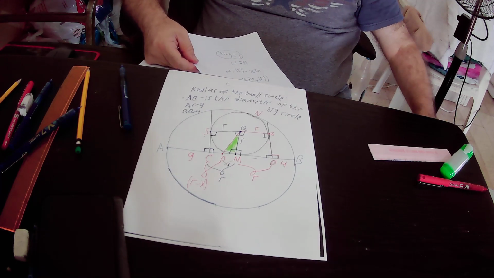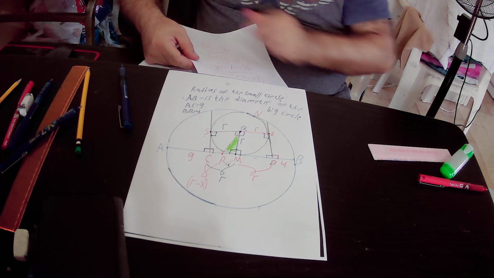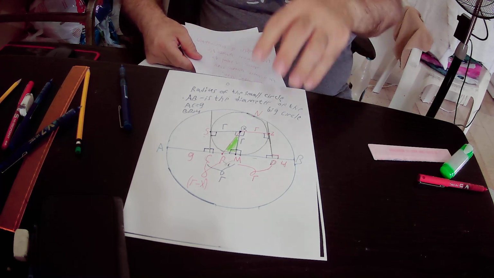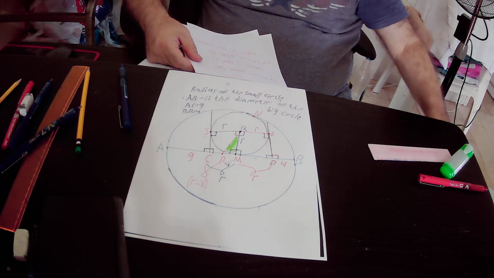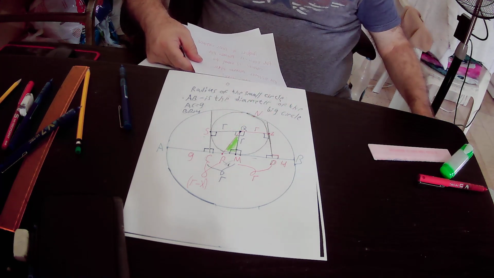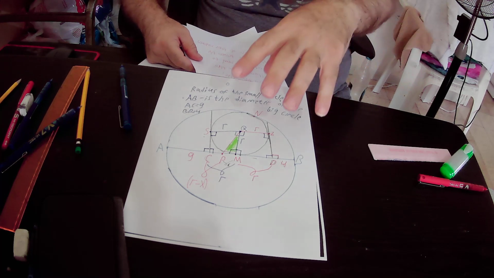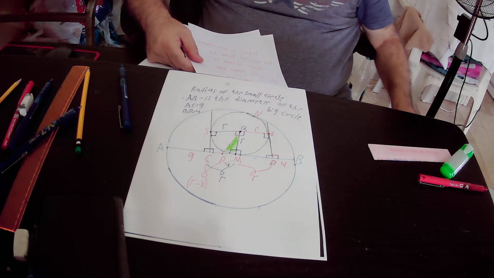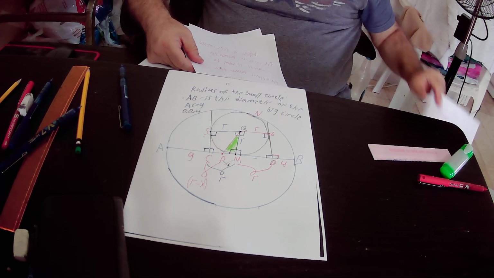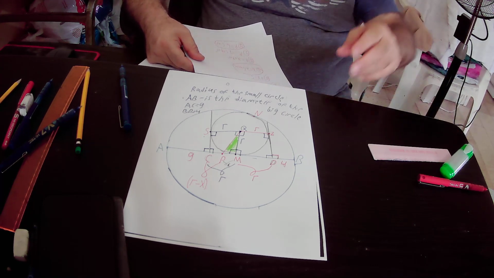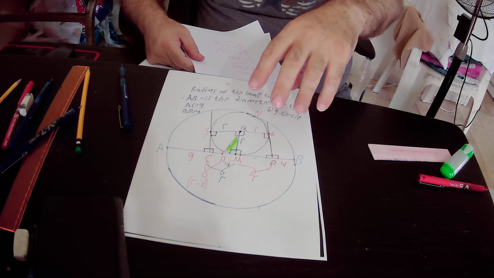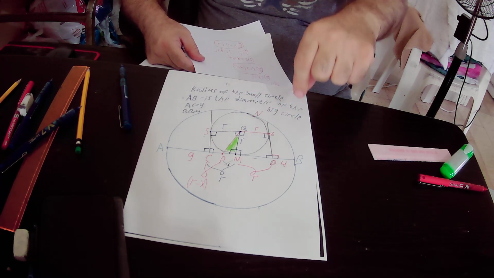Now I will summarize the lecture. Actually, we wanted to find out the radius of this small circle, and we have here two circles that have internal tangency between them at point N. And actually, the small circle has three tangents.